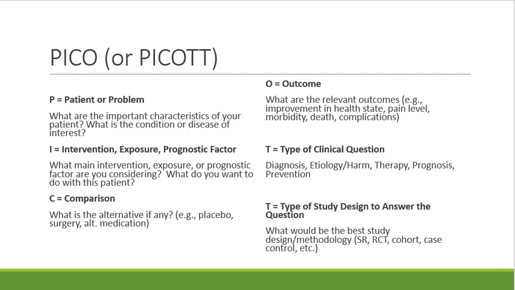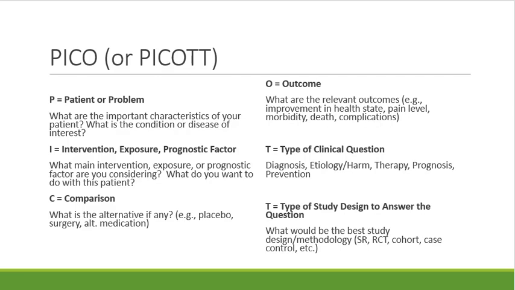So again, what does P stand for? That stands for our patient or population, or sometimes it's written as the problem. And so here is where you're looking at the important characteristics of the patient. What is the condition or disease of interest?